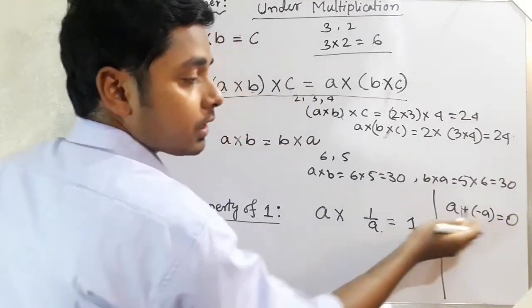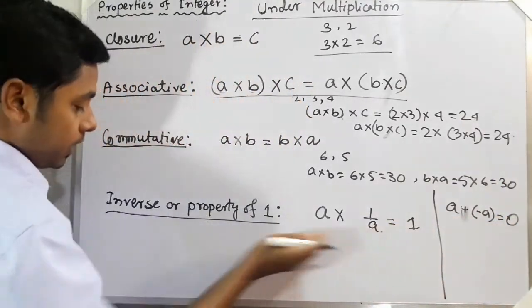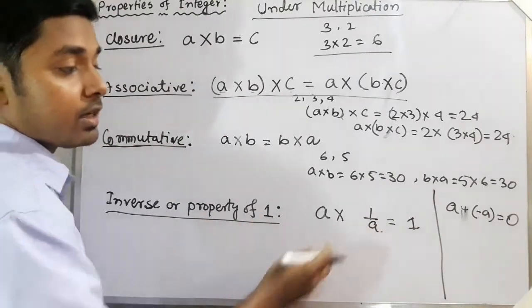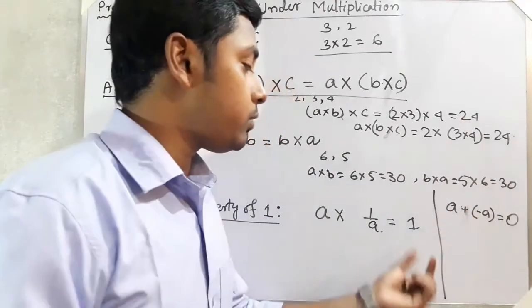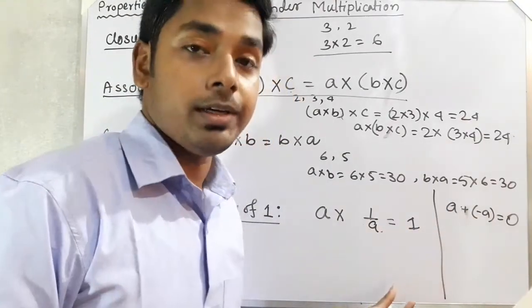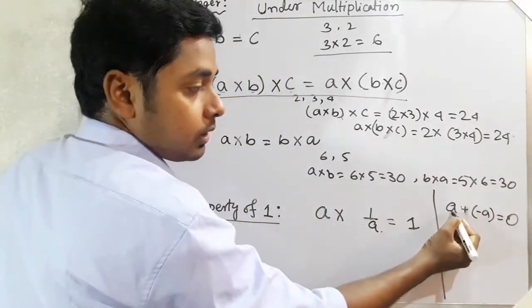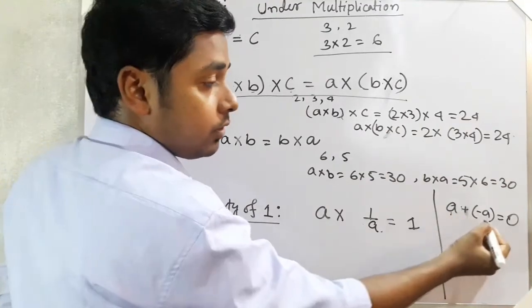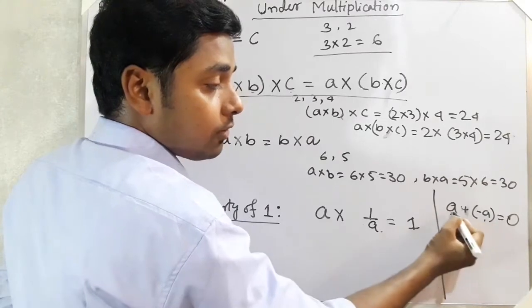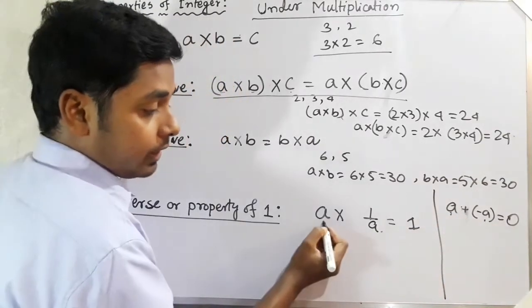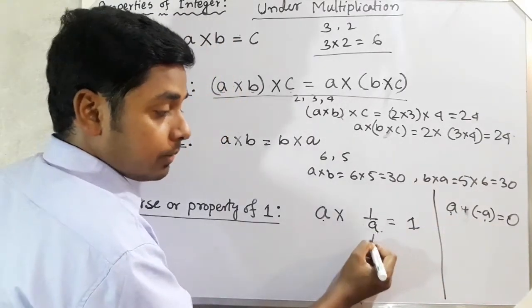So now we are comparing the inverse property of addition and the inverse property of multiplication. To compare it, then it will be clear to you what are the things going on here. Okay, so a and minus a is what? Inverse element of a, that means additive inverse of a. So here a and 1 by a is what?